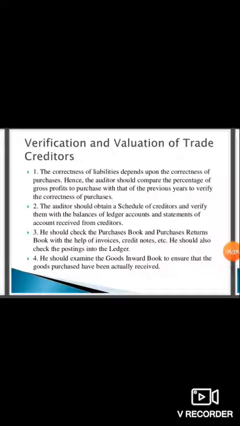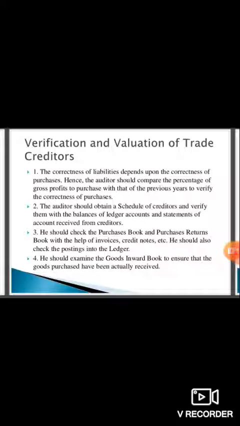And the next thing is he should examine the goods inward book to ensure that the goods purchased have actually been received. There could be some purchases made while the audit is going on, but the physical goods haven't been received by the company. So he has to check whether the purchased goods are received or not, and whether anything is in the transport stage.